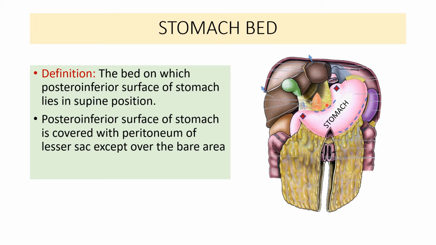If you make a cut between the anterior two and posterior two layers of the greater omentum, then you can enter into a sac called the lesser sac, and the postero-inferior surface of the stomach is related to that lesser sac.